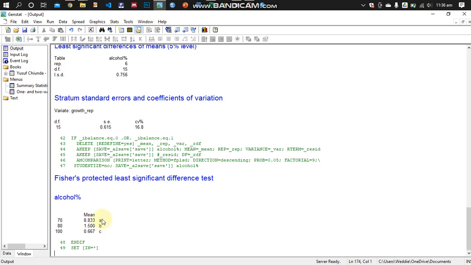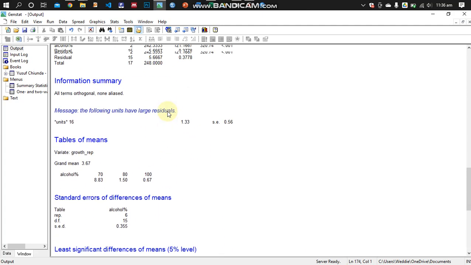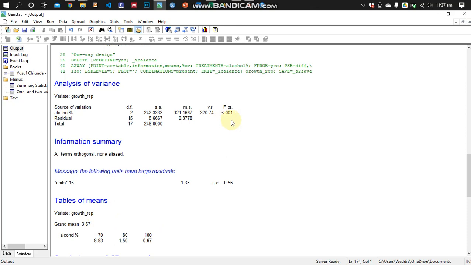That's the whole meaning. So the means differ because of the least significant difference. The CV and the mean we have explained. That is the ANOVA analysis.